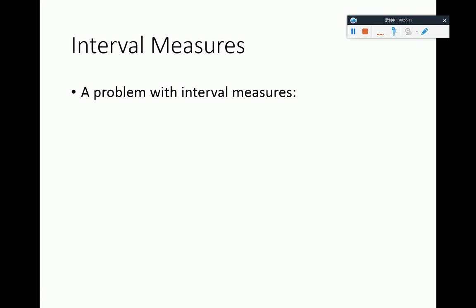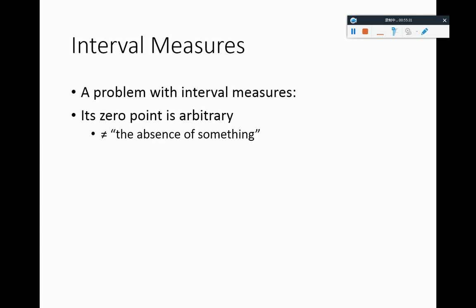However, an interval scale does have a major limitation, a problem. The problem is what we call an arbitrary 0 point. What does it mean?